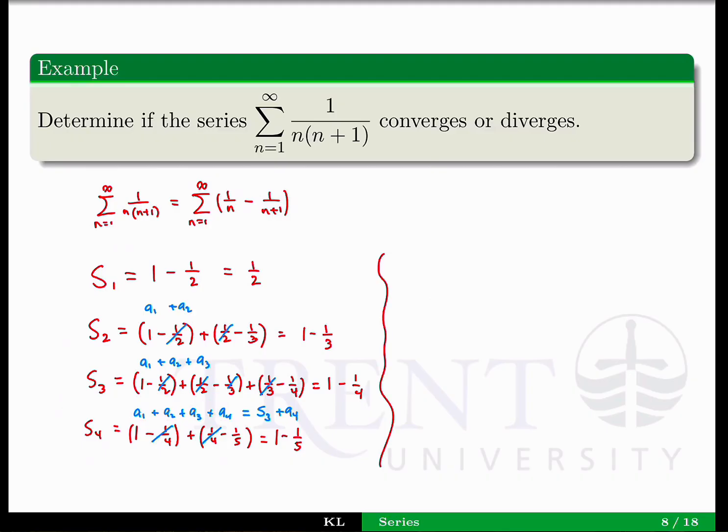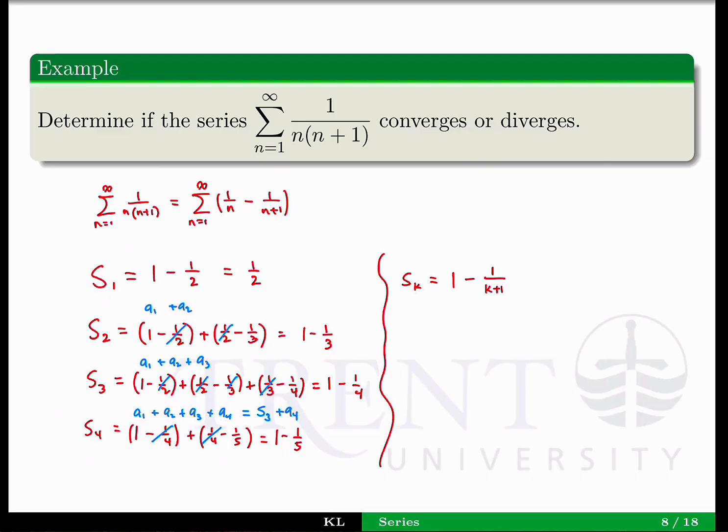If we continue, our S sub k will be equal to 1 minus 1 over k plus 1. Try to recognize the pattern. 1 here, this is 2. 2 here, this is 3. 3 here, this is 4. 4 here, this is 5. So if this is k, this will be k plus 1.